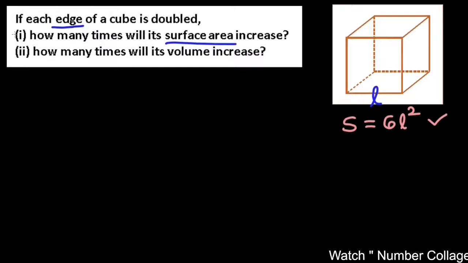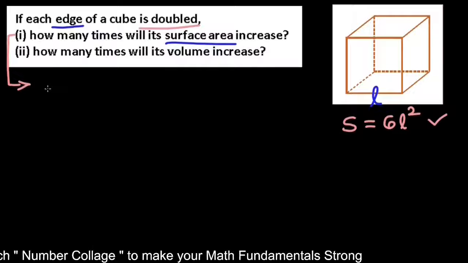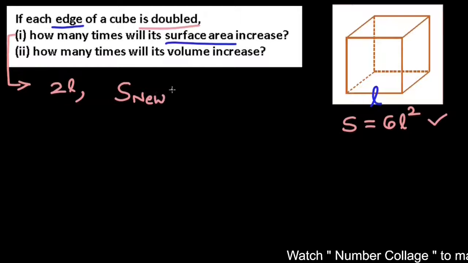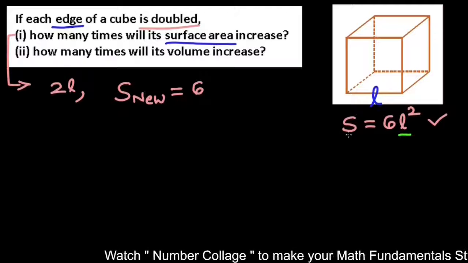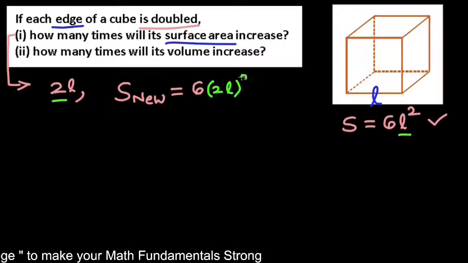Now, according to the first question, if this edge is doubled, that means when it is made 2L, the new surface area, let's denote it by S new, will be equal to 6 times, now here in place of L, we will put this 2L. So it will be 2L square.